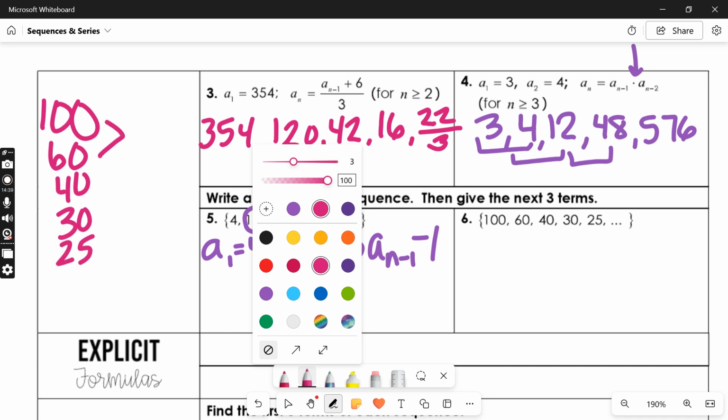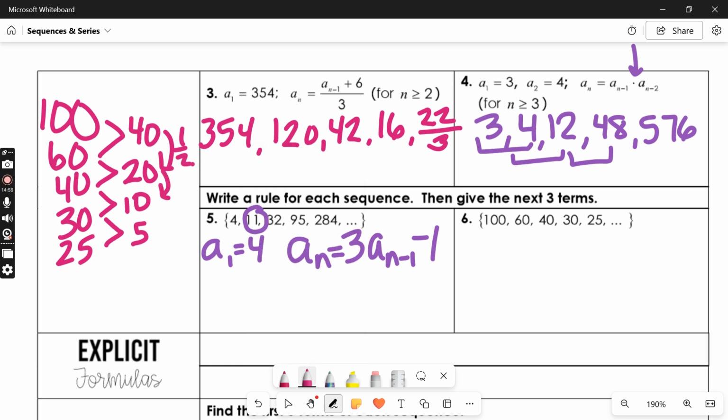From here to here, we went down 40, and then down 20, and then down 10, and then down 5. Notice what's happening on each of these. I am halving each of these.